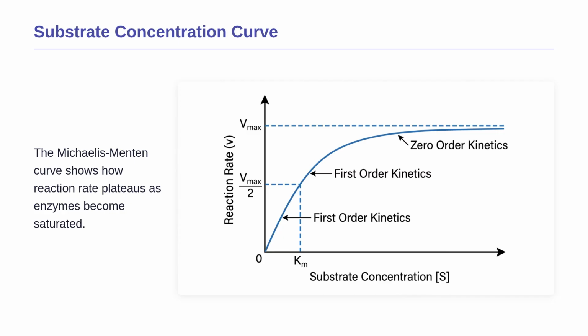But as we keep adding substrate, the curve flattens out, approaching a maximum limit called Vmax. This plateau happens because all the enzyme workers are fully occupied. Also, look at the halfway point on the vertical axis, Vmax over 2. If we drop a line down to the horizontal axis, it hits exactly at Km.